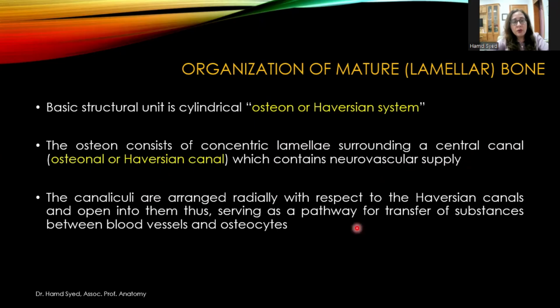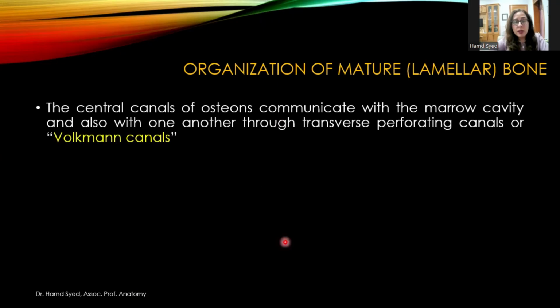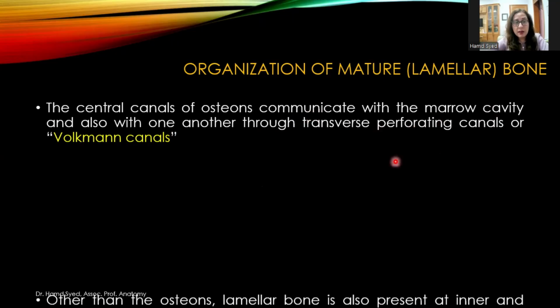The canaliculi are arranged radially with respect to the Haversian canals and they open into them, thus serving as a pathway for the transfer of substances between the blood vessels and the osteocytes. Now, the central canals of the osteons communicate with the bone marrow cavity and also with one another through transverse perforating canals known as the Volkmann's canals.